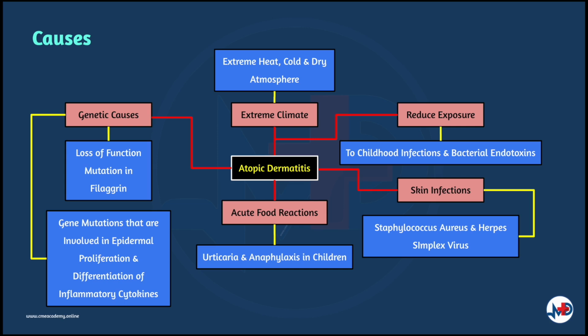Reduced exposure to various childhood infections and bacterial endotoxins has been found to be a risk factor. Extremes of climate such as extreme heat, cold and dry atmosphere can exacerbate and trigger the symptoms. Acute food reactions such as urticaria and anaphylaxis are commonly encountered in children with atopic dermatitis.